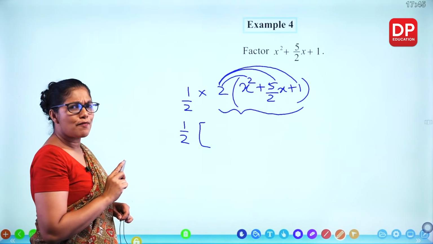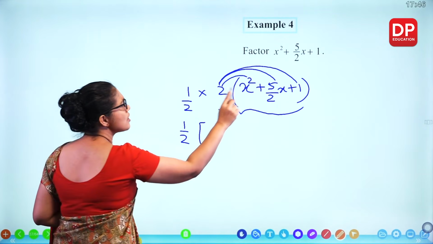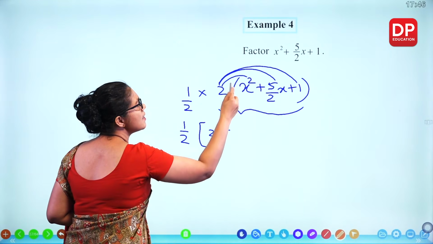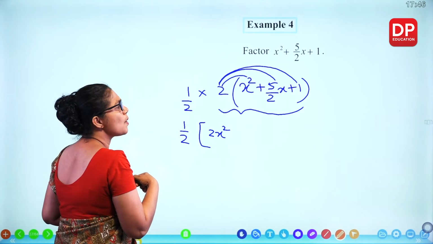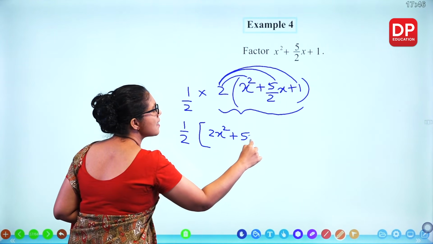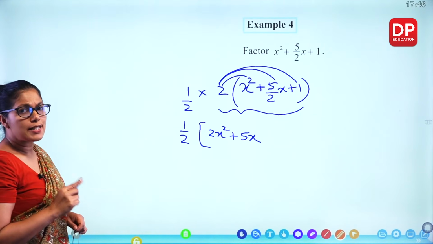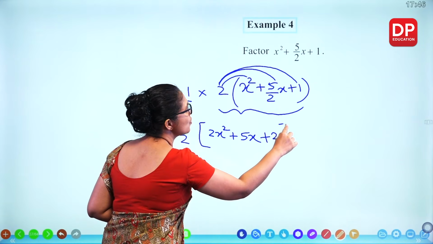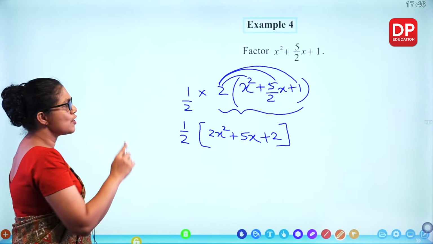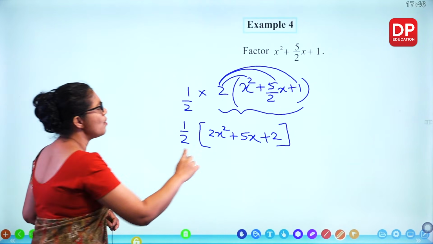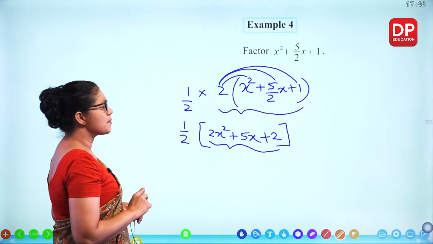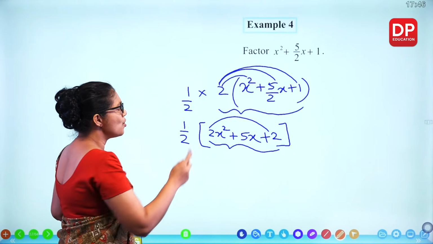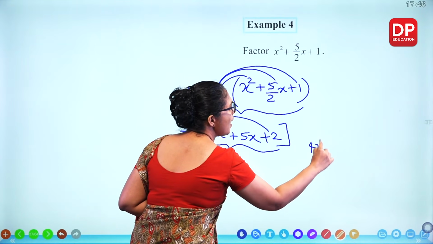So we did this before, expanding brackets. 2 times x squared, 2x squared. 2 times this, 2 gets cancelled out with this one and you get plus 5x. When you multiply 2 with 1, you get plus 2. So this is the expression you are getting when you multiply by 2. Now this is like the previous expression. So you take the multiplication of these two, you get 4x squared.